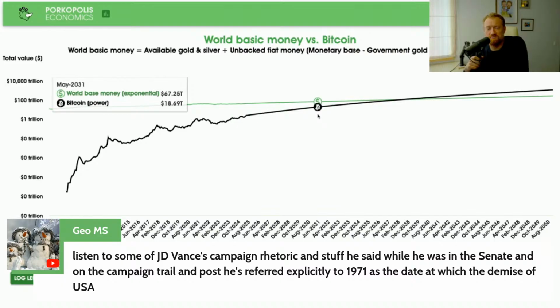It starts to get to the point where you can't ignore it, but in my opinion, it doesn't get to the point where it's something that governments can't adjust to, because they're adjusting to gold right now, and gold is $20 trillion. It's a $20 trillion market.